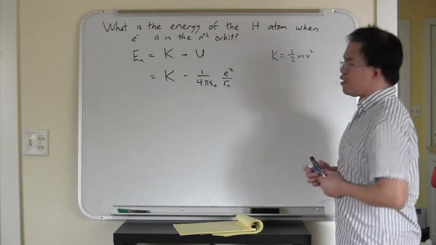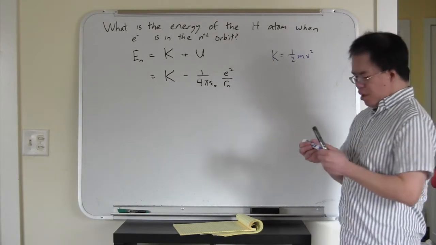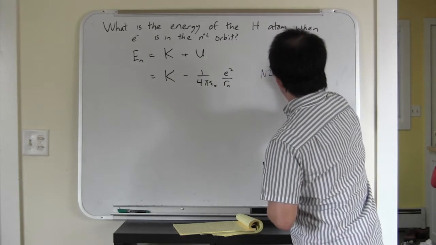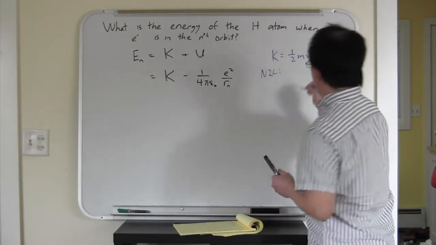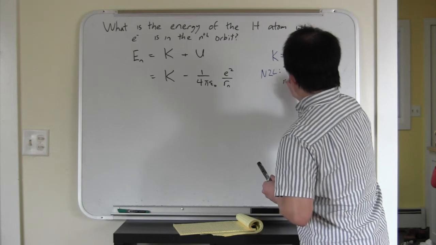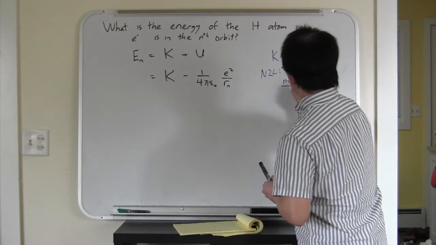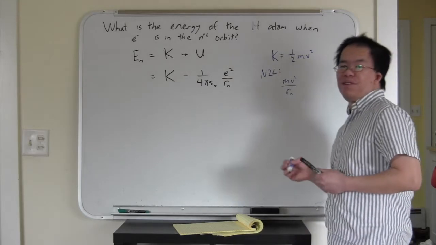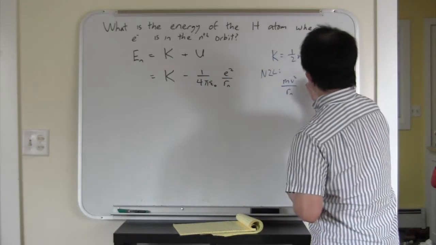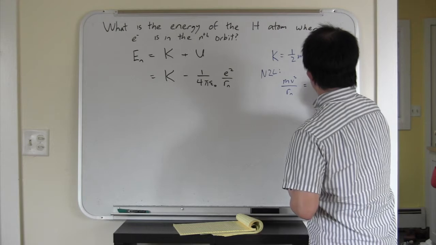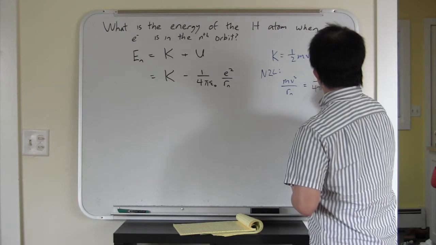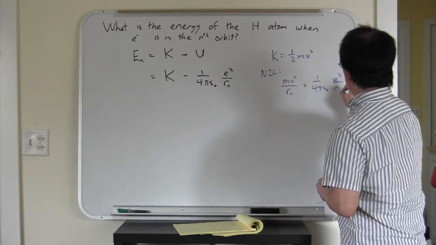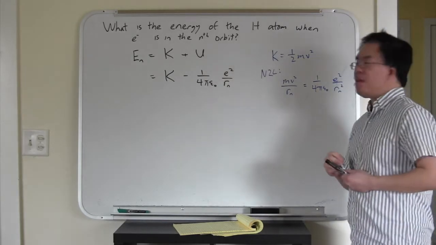Remember from Newton's second law, we have mv squared over r sub n. So this is mass times the magnitude of the centripetal acceleration, which was equal to the magnitude of the Coulomb force, so e squared over r sub n squared.